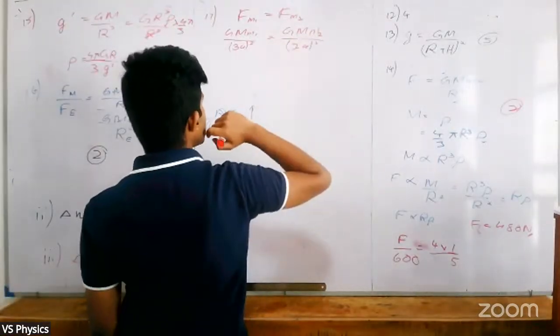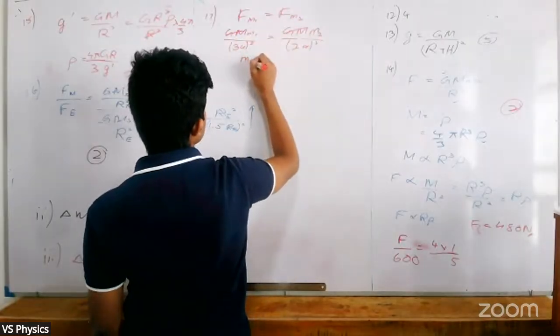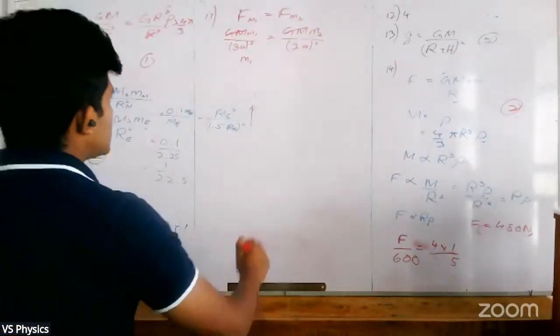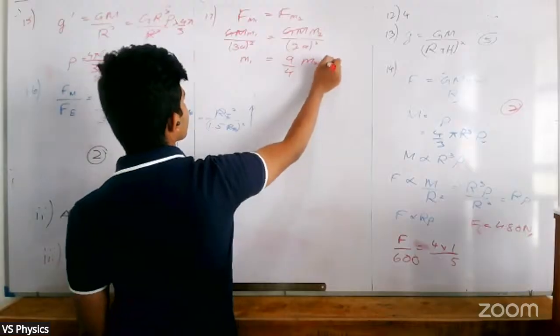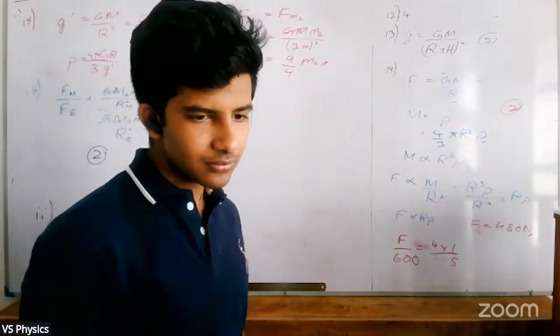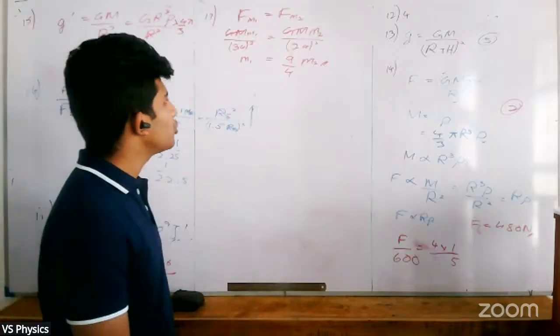Then we can simply say these two get cancelled off. m1 is equal to 9 over 4 m2. What are we doing? We are doubling m2.